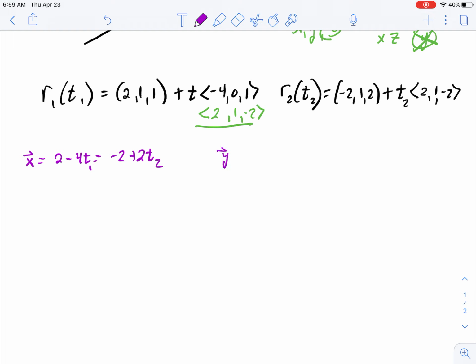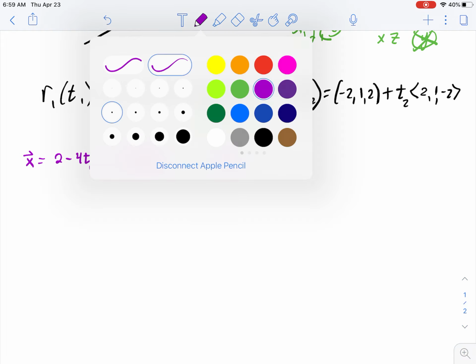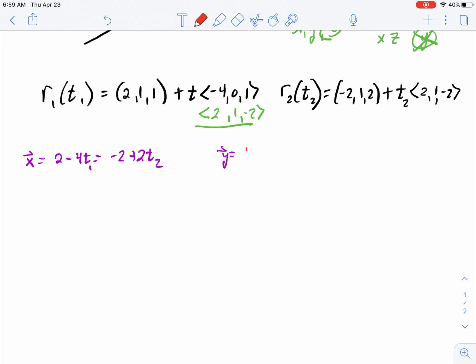Okay, and let's get our y component, and I'll use a different color here, so 1 plus 0t1, and our y component for the other one would be 1 plus 1t2. Okay. All right. So it looks like right off the bat makes it easy here. This goes away. Looks like t2 is 0. So I don't have to do two equations, two unknowns.